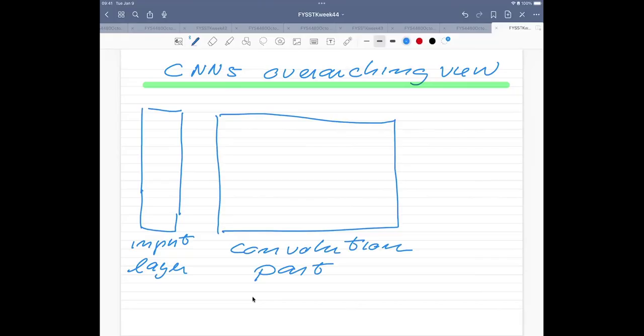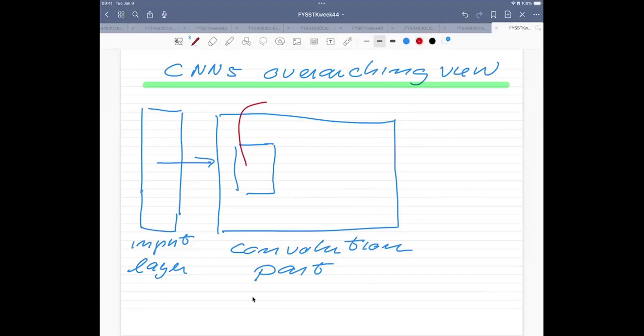In the convolution part, there is one part which we call the mathematical convolutional stage. So let's just mark that one.